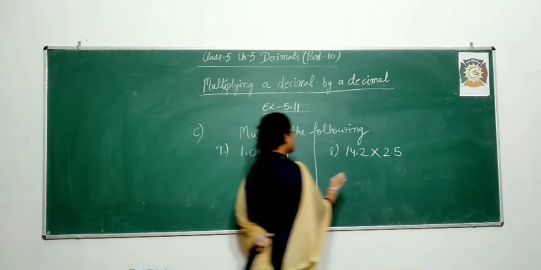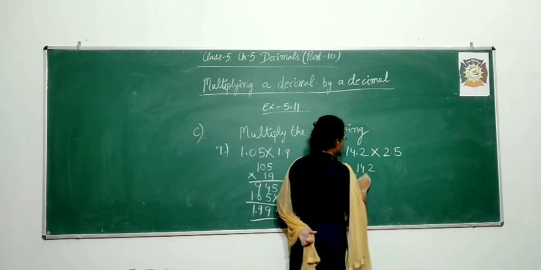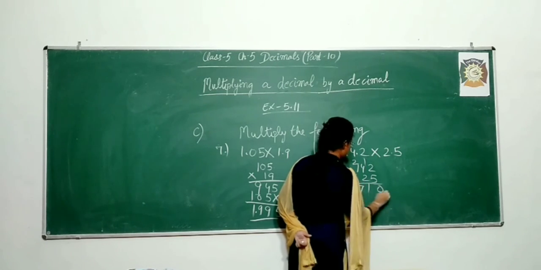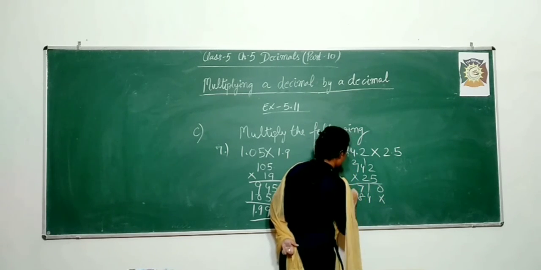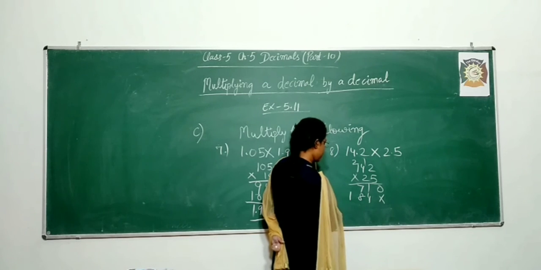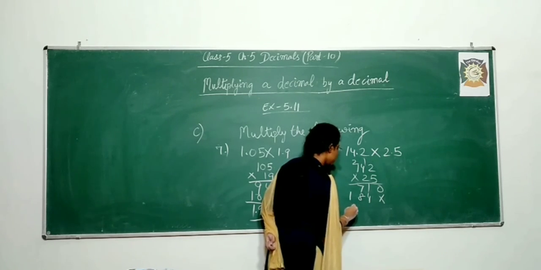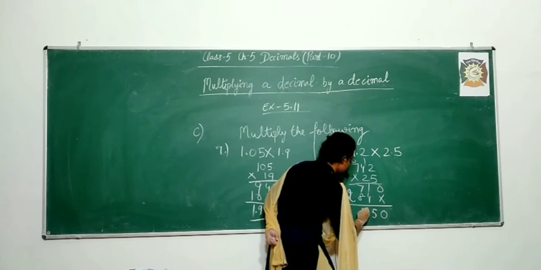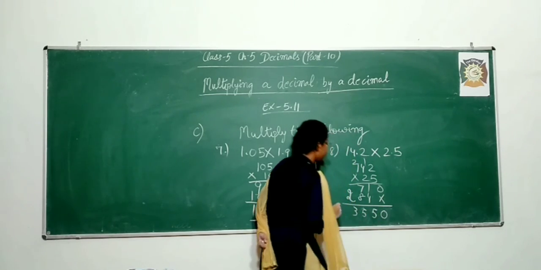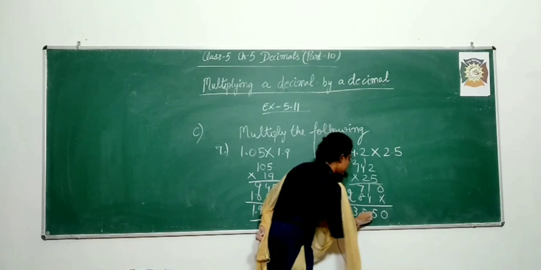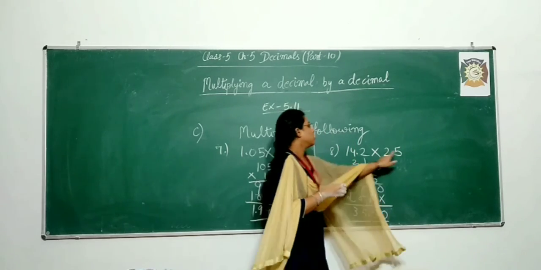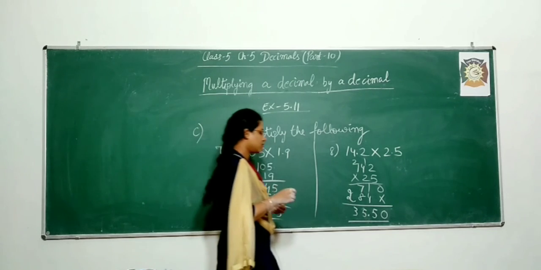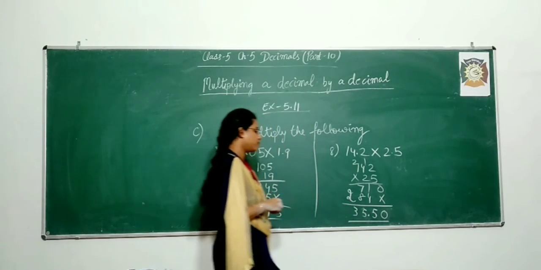The 8th part is 142 into 25. And 3550 is the answer. Decimal point will take this position. That is 2 decimal point number you will obtain and the answer is 35.50.